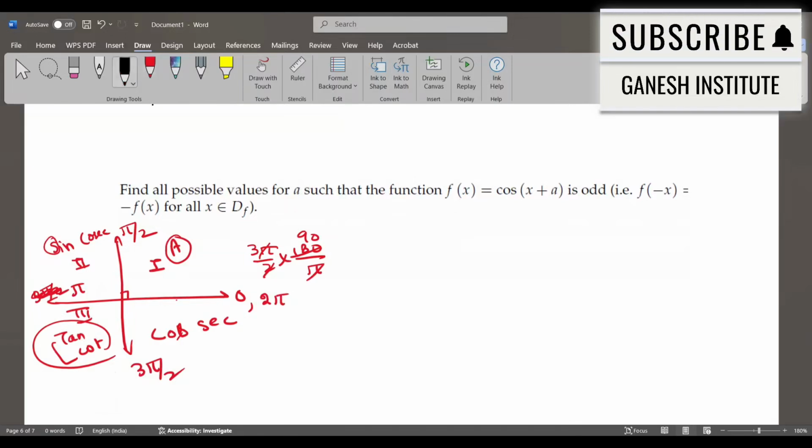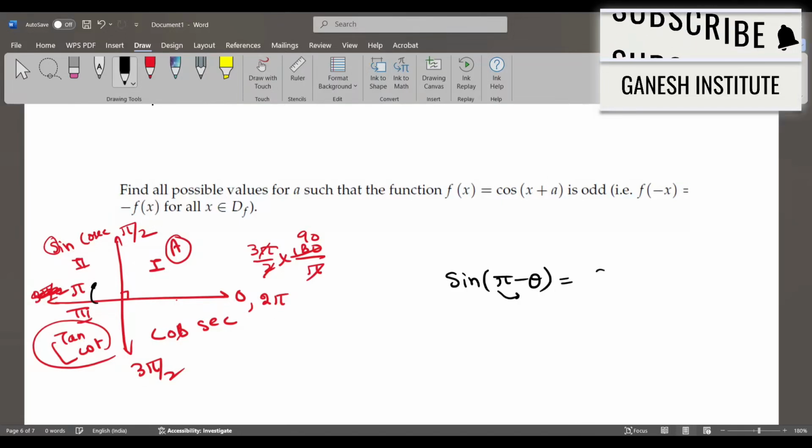Yes. Now if I have sine(pi minus theta), pi minus will be in the second quadrant itself, so it will give you a positive value. Okay, this is how you can estimate it.